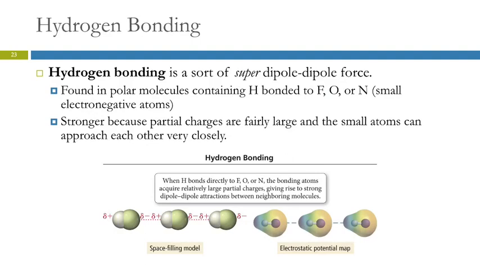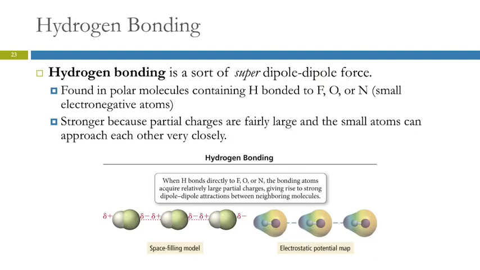So what we've got going on here is we've got a hydrogen atom. In order for a substance to have hydrogen bonding, it has to have hydrogens. The hydrogen must be bonded to a fluorine, an oxygen, or a nitrogen. And the reason that these are the ones that are involved in hydrogen bonding is that they are very small and they are the most electronegative atoms.